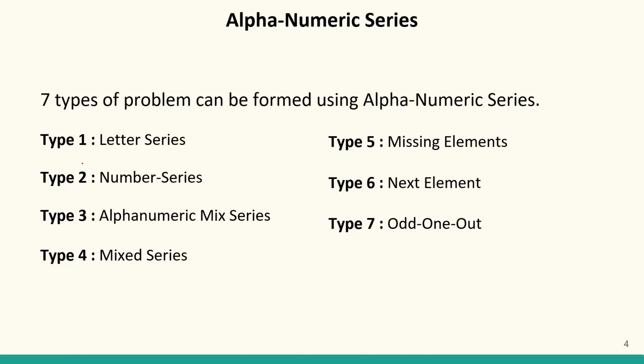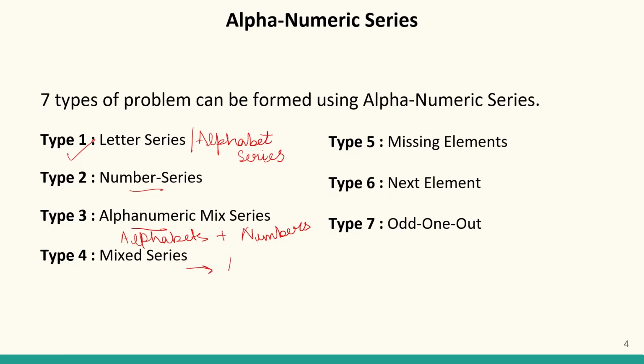These are the types. Type 1 is letter series. We can also call this alphabet series. Type 2, we have number series, that deals with numbers. Then type 3 is alphanumeric series, which is alphabets plus numbers. We have mixed series.